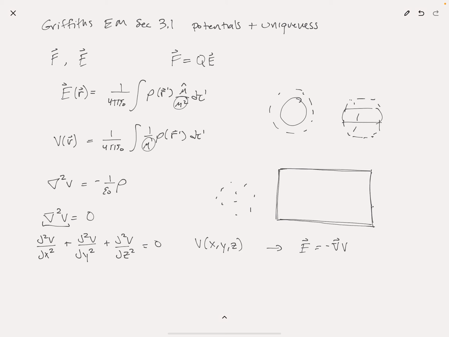Okay, so the uniqueness theorem says that, all right, my goal is to calculate or find what this potential is.